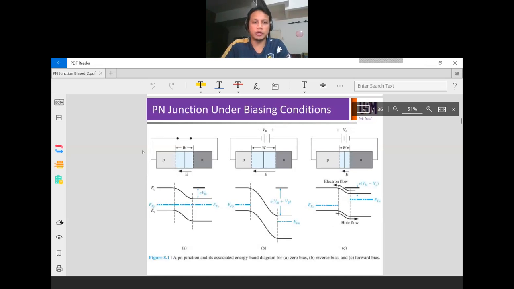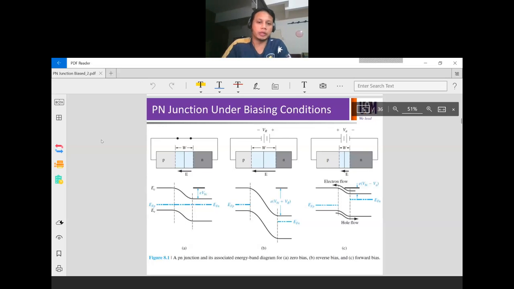So now let's look at this slide, the second slide. Look at the PN junction connection and look at the band diagram as well. The top one is the schematic of your PN junction with connection, without bias and with bias. You're going to go through one by one, and the below part is the band diagram of your PN junction.